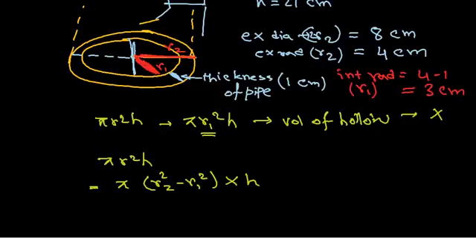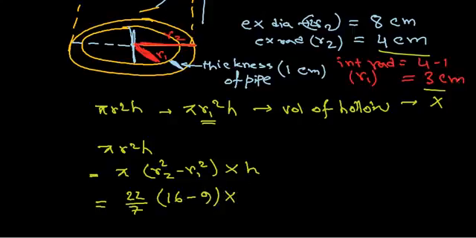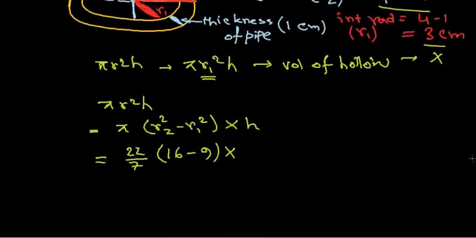So now let's find out the values. So pi is obviously 22 by 7. The value of R2 is 4 centimeters. So 4 centimeters square will be 16, minus R1 is 3, so 3 square will be 9, and into h, and the value of h is 21 centimeters. So let's put 21 here. 22 by 7.